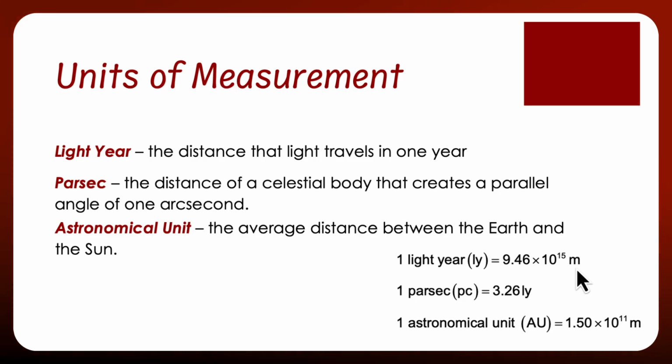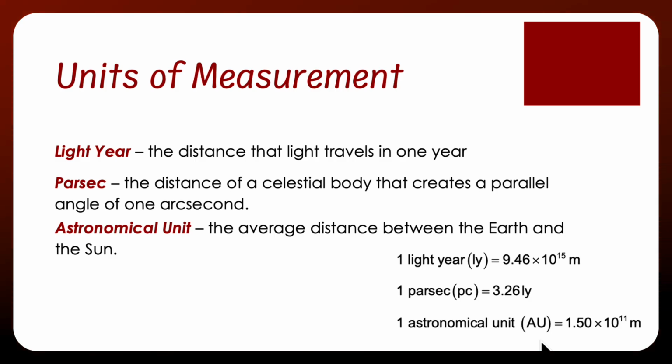A parsec I'm going to talk about a little bit later, but we're going to use it when we talk about using our parallax angles to make a distance out of it. And finally, an astronomical unit. This is kind of a sneaky way for us to have the average distance between the Earth and the Sun. It's closer in June than it is in December, depending on where you are.